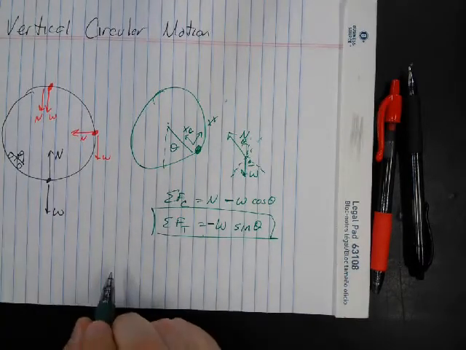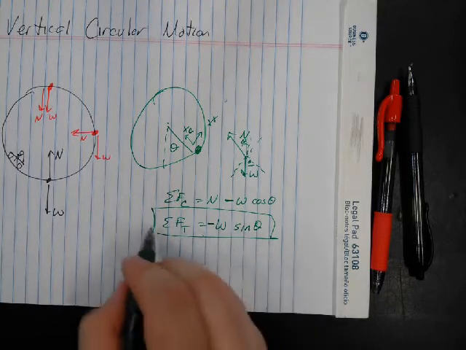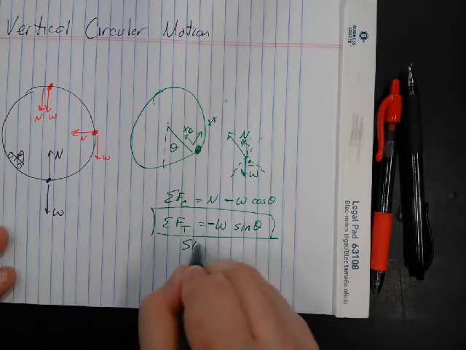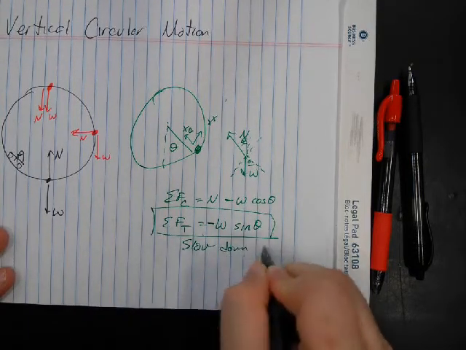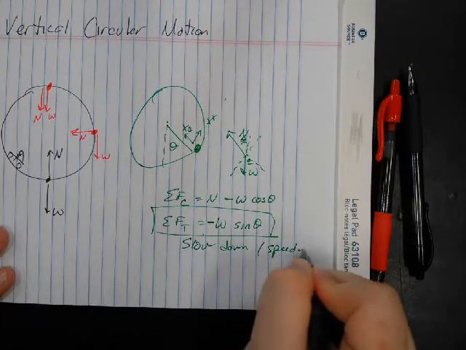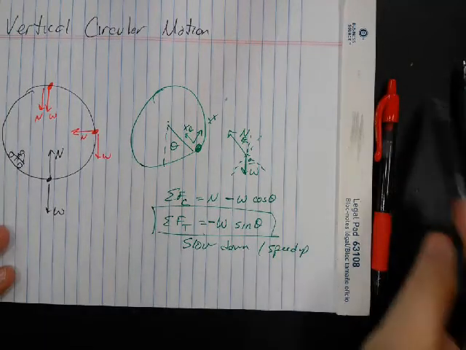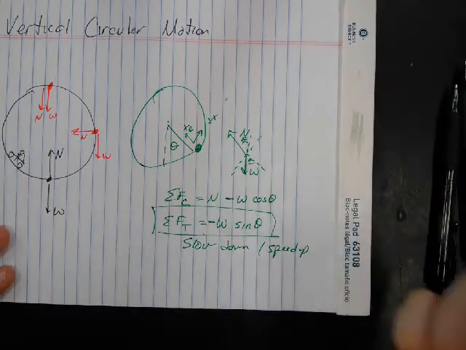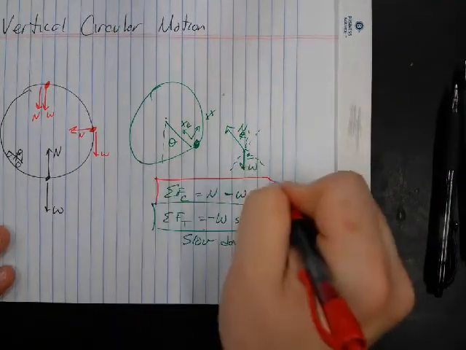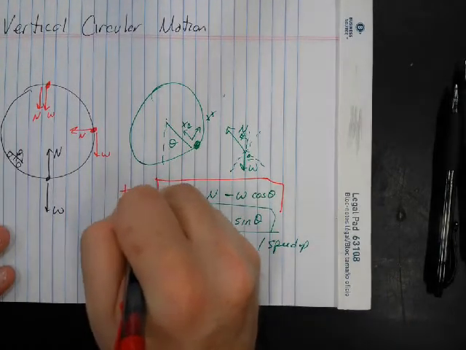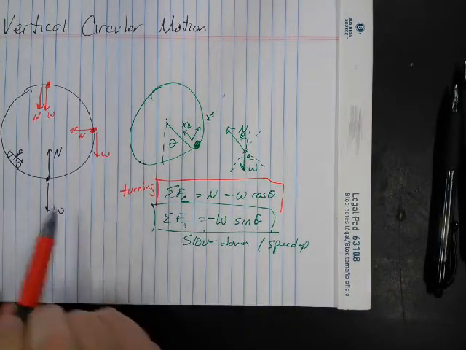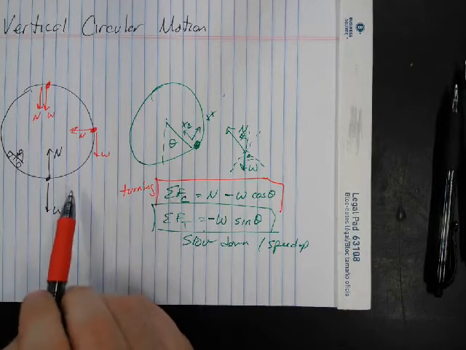There's a portion that makes you turn and a portion that makes you slow down. This is the slow down or speed up. Because if you're on the other side, if you're over here, it's going to make you speed up. Then we have a portion that is turning. So this portion makes you go in a circle.